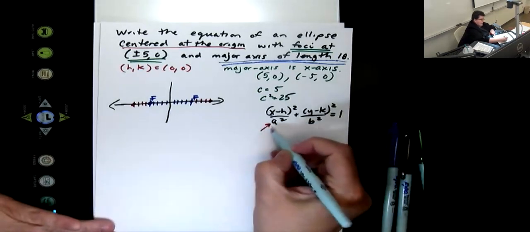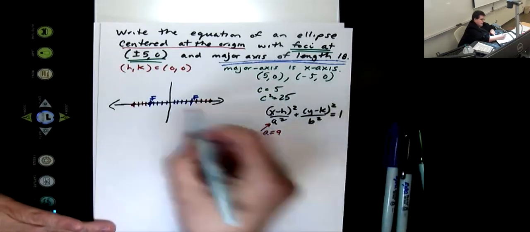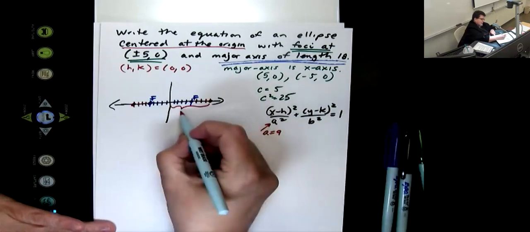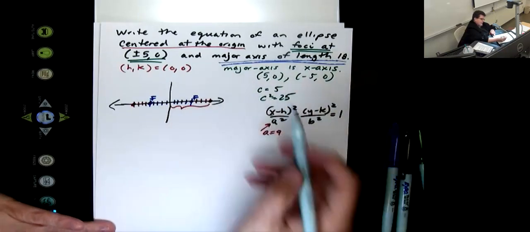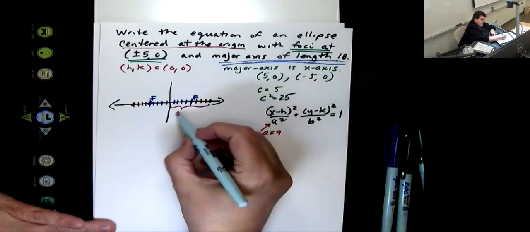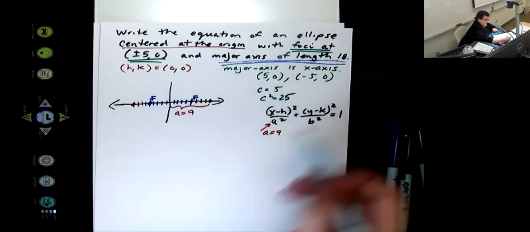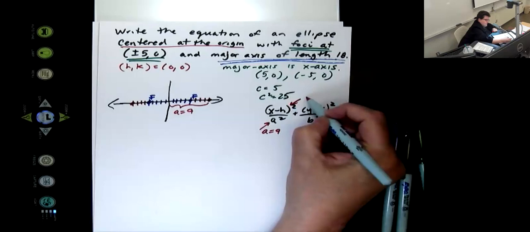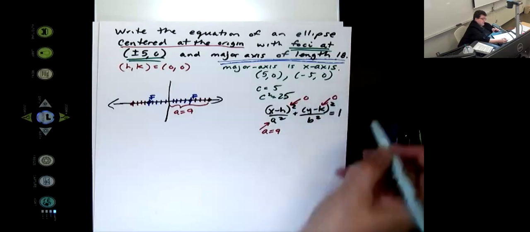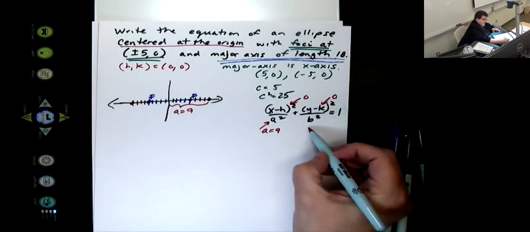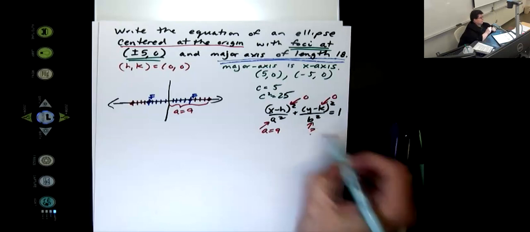This is going to be A equals 9. We know A is 9, we know h is 0, and we know k is 0. The only thing we're missing is B.